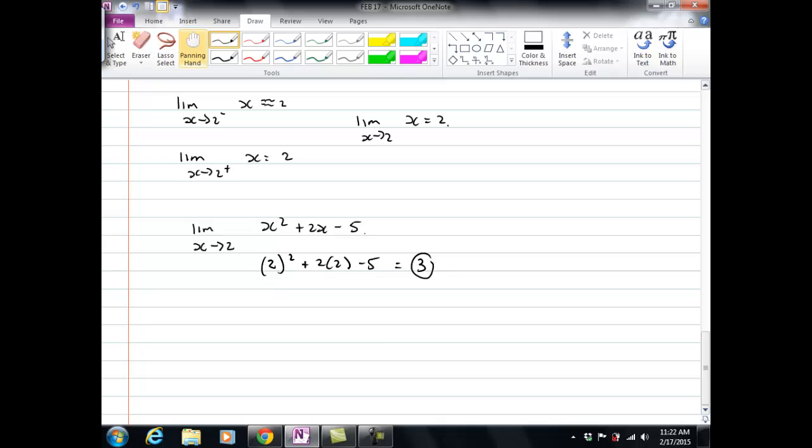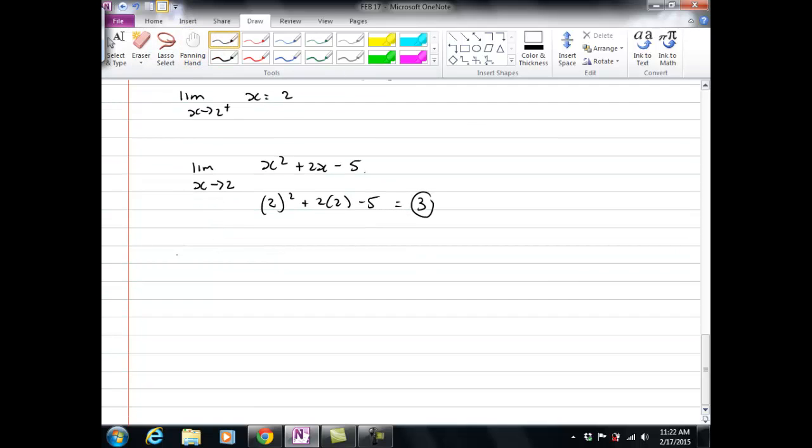If you don't believe me, here's what you're going to do. You're going to find the limit as x approaches 2 from the left for x squared plus 2x minus 5. Then you're going to do the limit as x approaches 2 from the right of x squared plus 2x minus 5. Take a minute. I'm going to pause it.